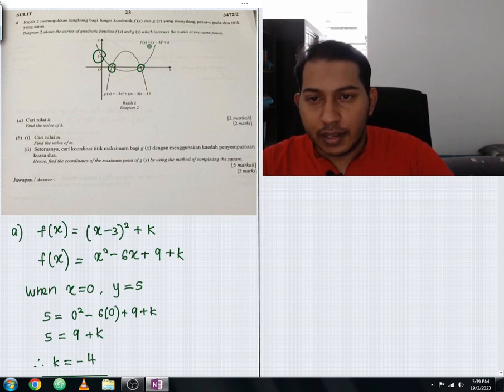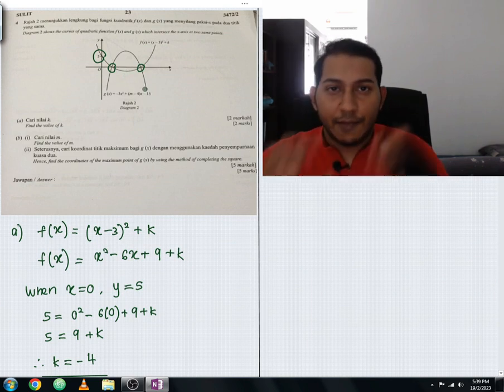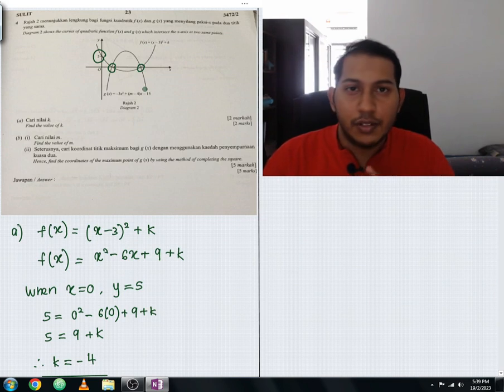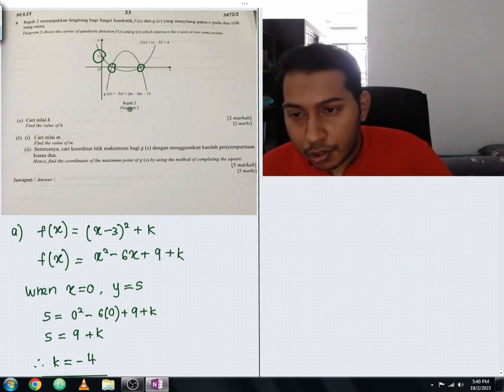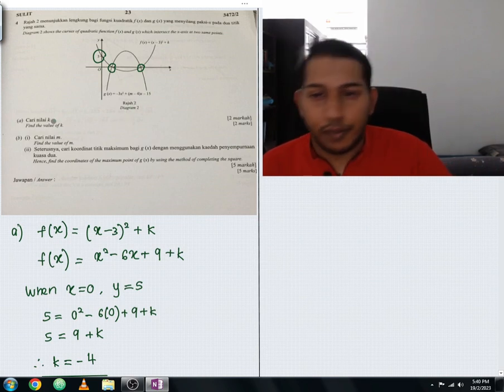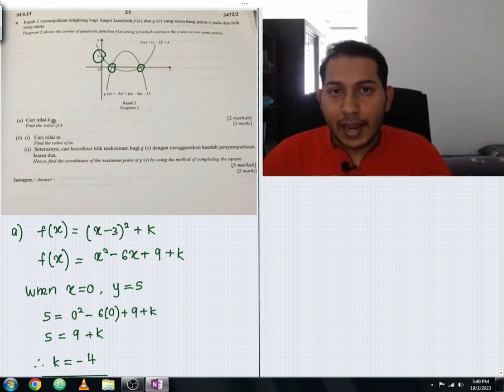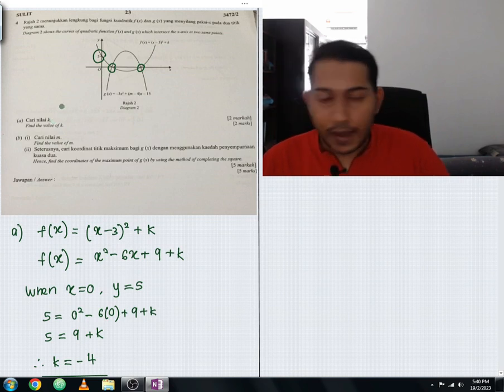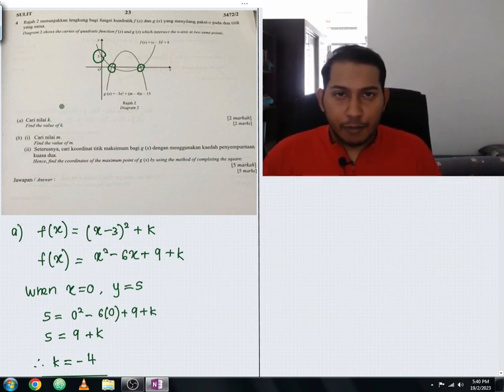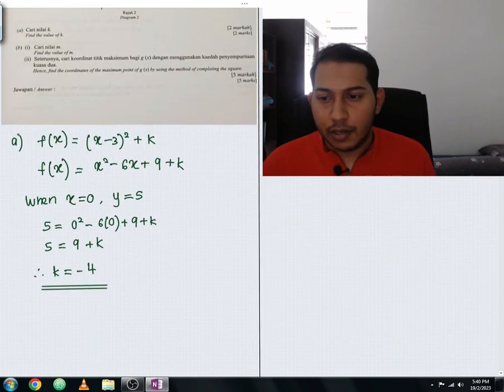Once we find the x-intercepts for f(x), we're going to compare it with g(x), and we're going to solve it using the SOR and POR method, sum of roots and product of roots concept, and from there we should be able to get the value of m. So this is the overall idea on how we're going to find the value of m here. Enough with the explanation, so let us dive into the working now.